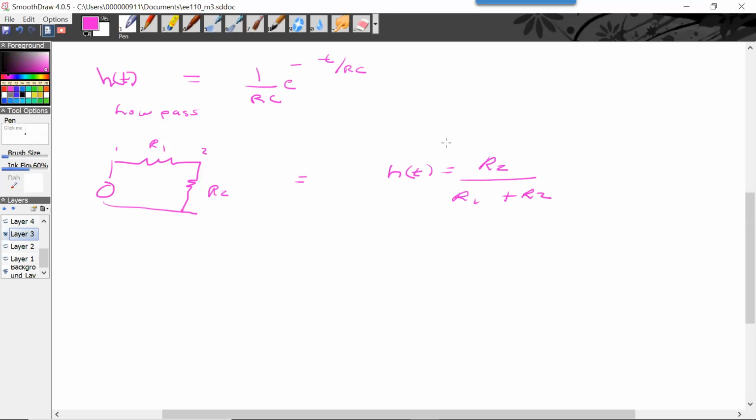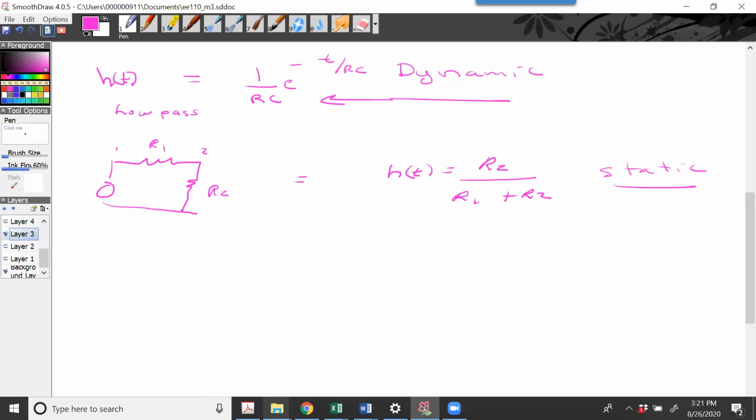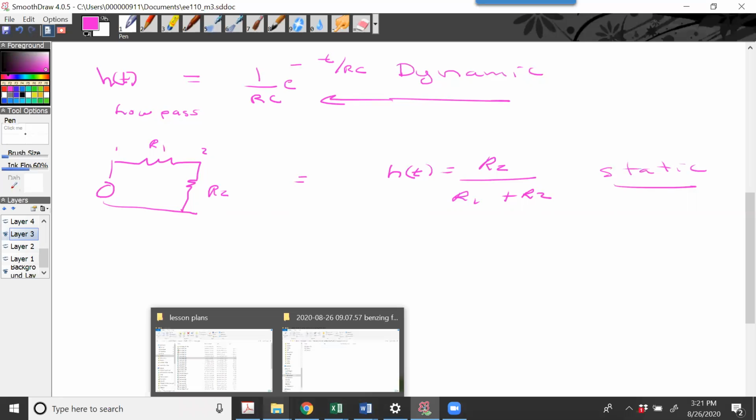So now we have two systems to talk about, and this system is dynamic.